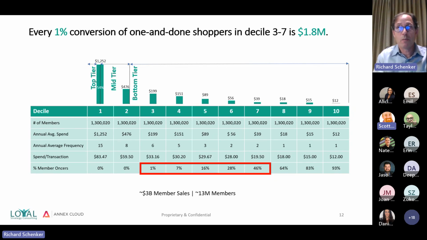Some businesses may want to break it down by gross margin dollars, as an example, or gross margin dollar contribution, or maybe frequency. But typically, spend is a pretty good barometer to break down the decile. So there is flexibility. And to confirm, when you say spend, you mean average annual spend? Yes, average annual spend, correct. Thank you.